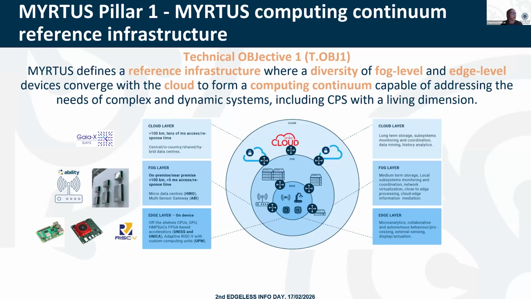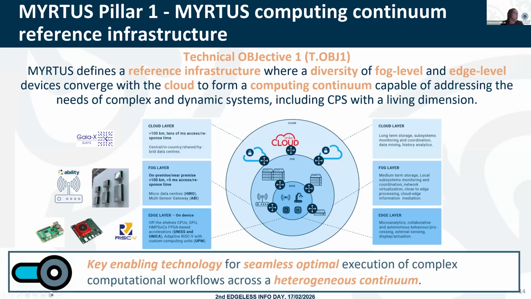All of these nodes are brought together, exploiting virtualization techniques, among which I can mention that we are using LICO, that is from Aruba Cube. The goal is to enable the seamless orchestration of the workloads across all these resources.